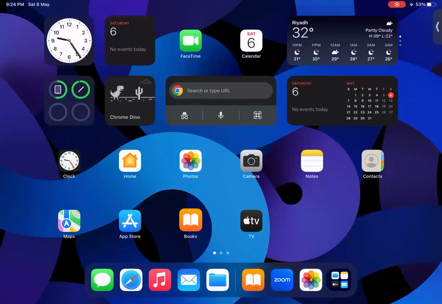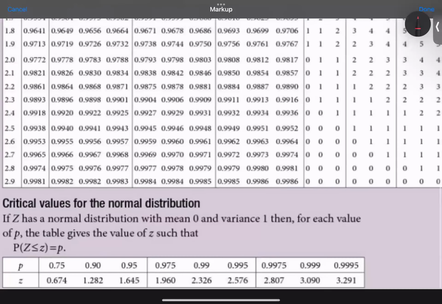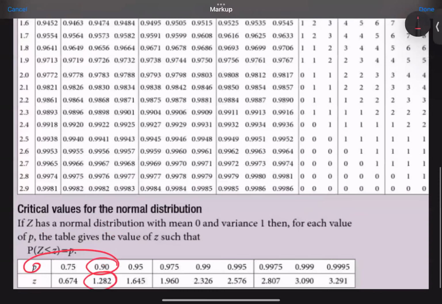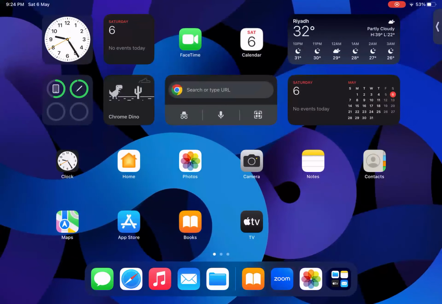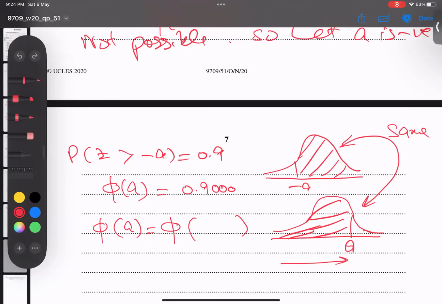Let me check what number is coming on its side. This number 0.9, luckily, is available in the bottom of the table: 0.9 probability, 1.282. Even when I find it from the table, it becomes the same, 1.282. So Alhamdulillah, 1.282. I'm writing it here.